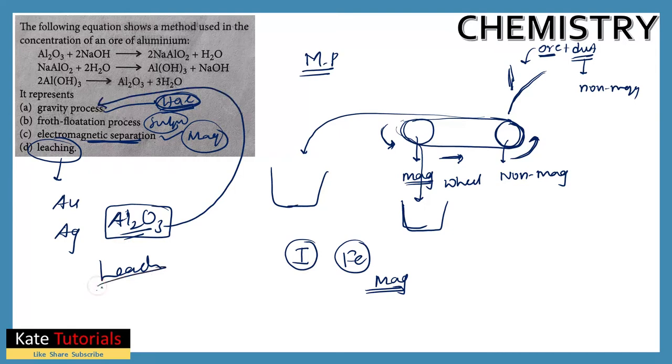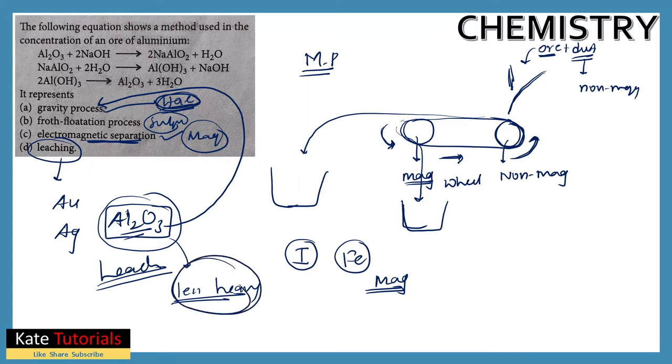Why? The reason is that aluminum oxide is less dense, less heavy, so the ore particles and the gangue particles cannot be separated by gravity separation. So we use leaching.